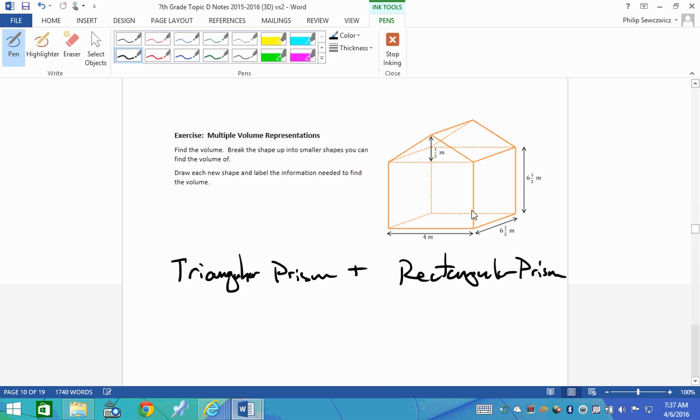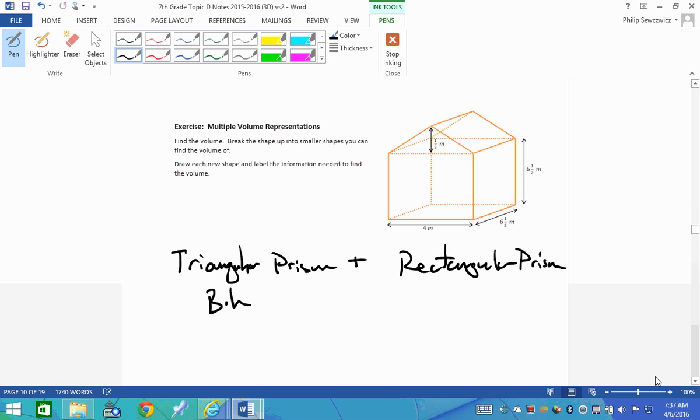The triangular prism. So I'm going to do area of the base times the height. Let's see what we've got here. What do you think for area of the base? What do you see in there? Do you see the triangle there? Okay, so there's the half right there. How wide is this going from left to right? What's the base? There it is. Yeah, it's a 4.